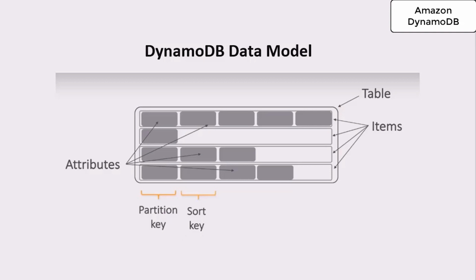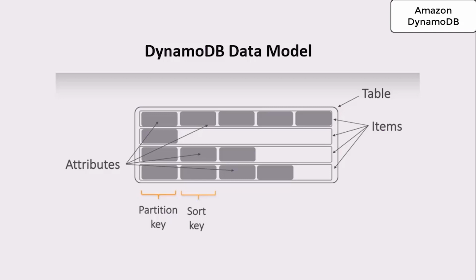Another feature of the partition key is that it should be unique. Apart from the partition key, we can have a sort key as well. The sort key can be used, but it is not mandatory. Without a sort key also we can have a table.